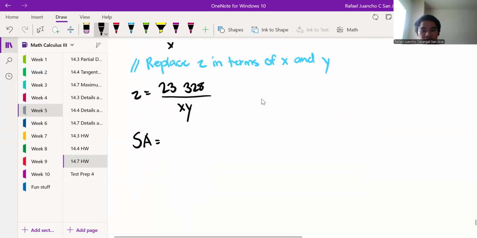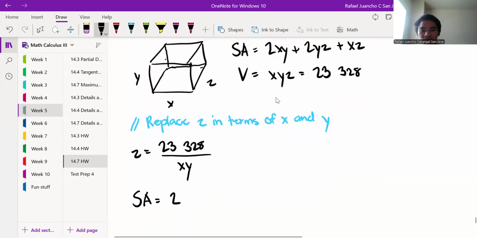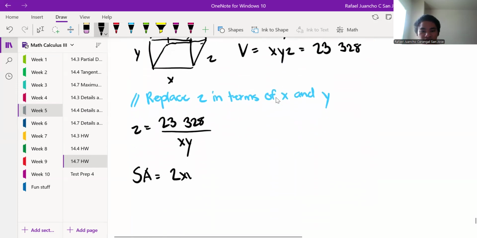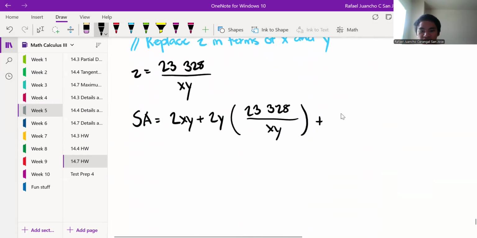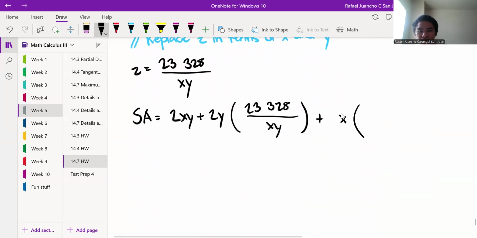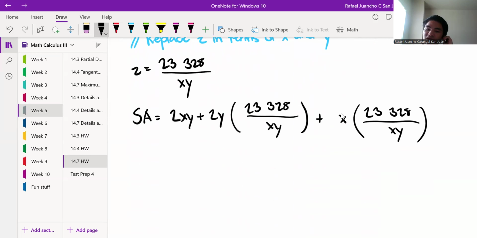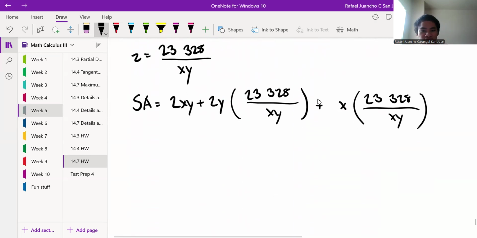So my surface area is now 2xy plus 2yz, so I have this thing, plus xz, so x times this thing again. There we have it. I could simplify, so let me quickly do that.